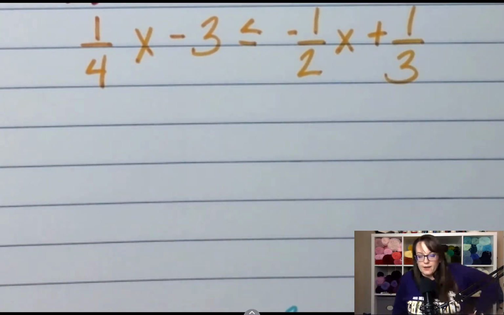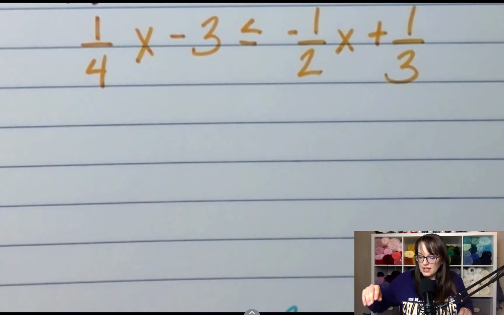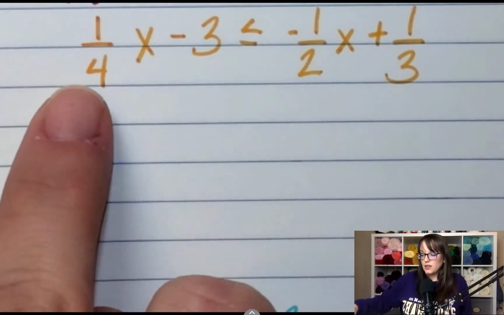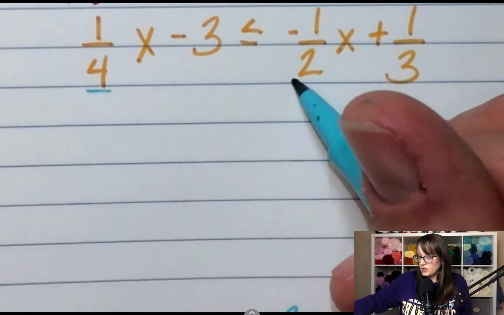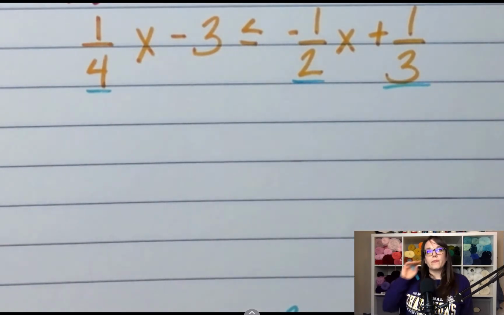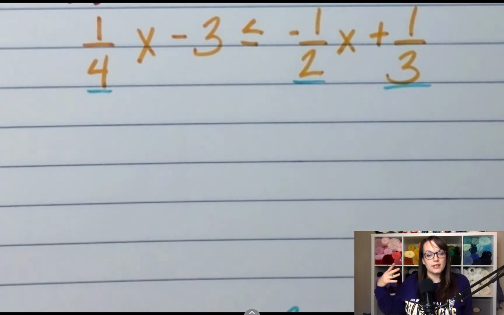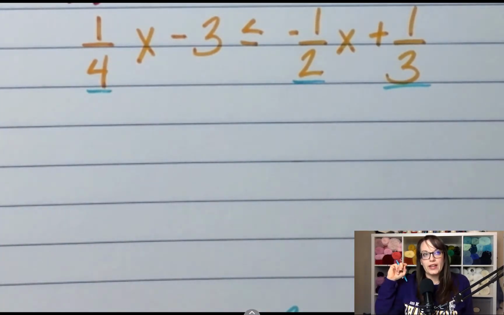Don't panic. I see fractions, but just like last time with our equations, I can multiply to make these whole numbers. So I look at my denominators. I have 4, 2, and 3. And I need to multiply the entire inequality by a common multiple of 4, 2, and 3.